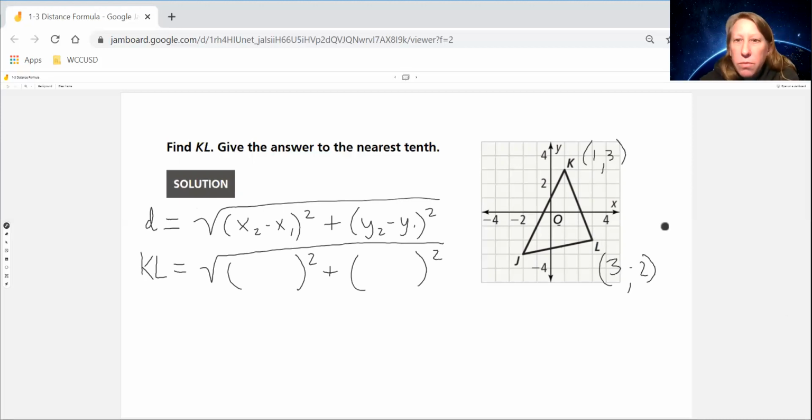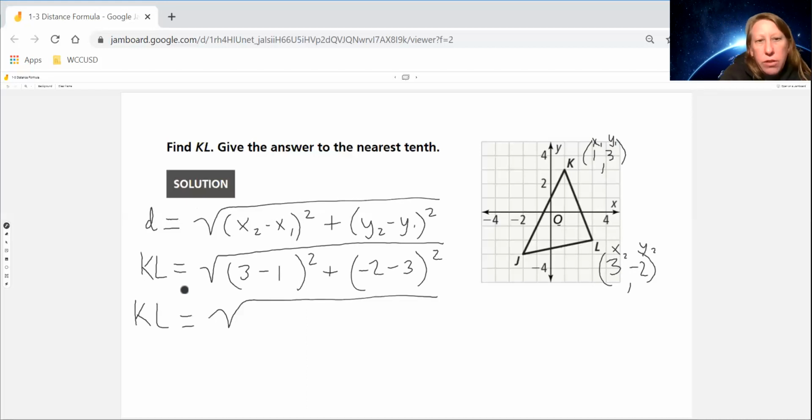This is the x and this is the x, so I'm going to do 3 minus 1, and then I'm going to do the y's: -2 minus 3. This is the x and y of the second point, and this was the x and y of the first point: x sub 2, y sub 2. Sub stands for subscript. Then you plug and chug.